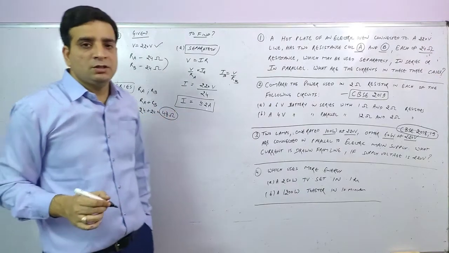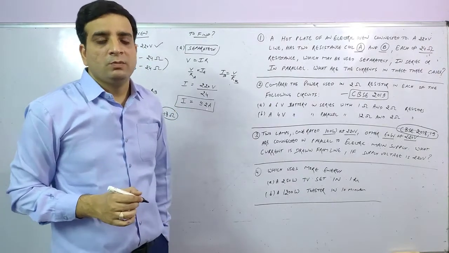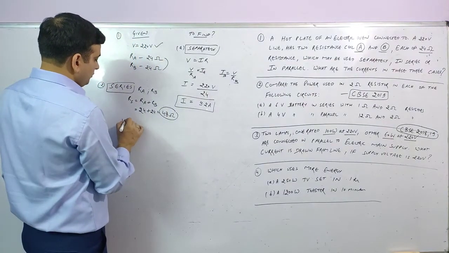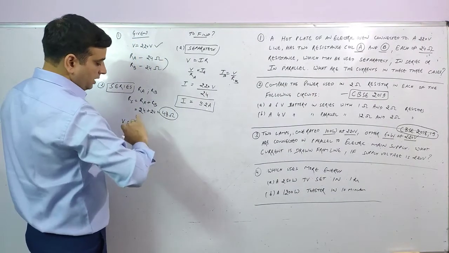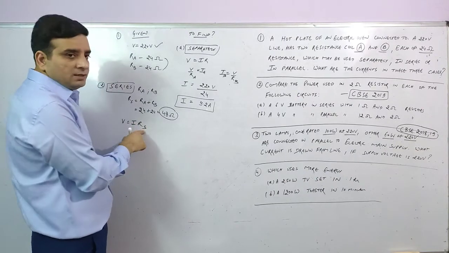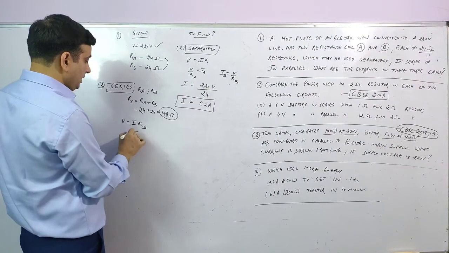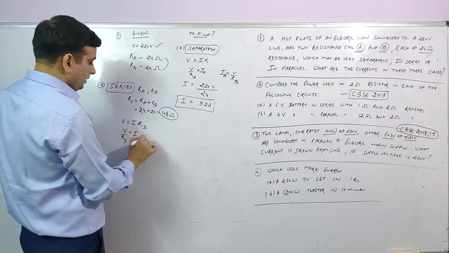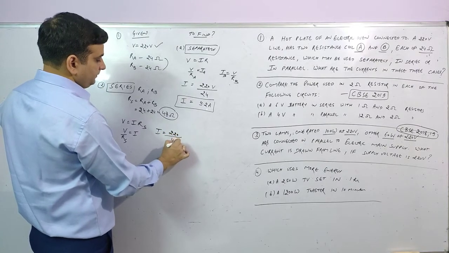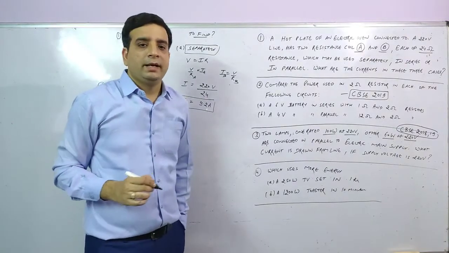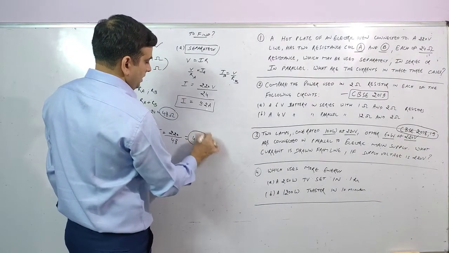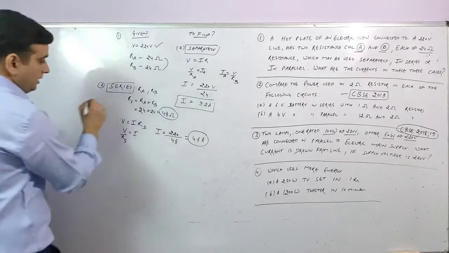Now again we will apply Ohm's law. V is equal to IR. Resistance in series, that is why I have written RS. I is equal to V by RS, 220 by 48, it will be 4.6 ampere when they are connected in series.